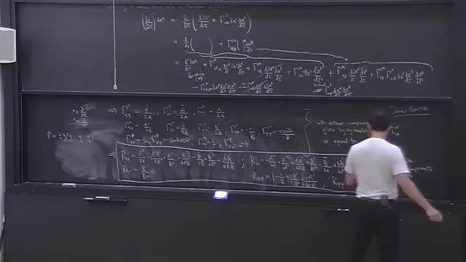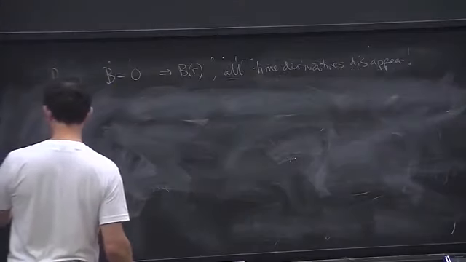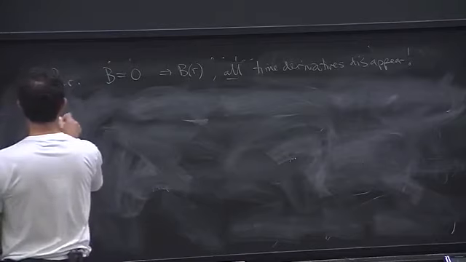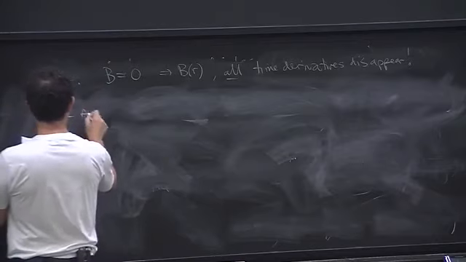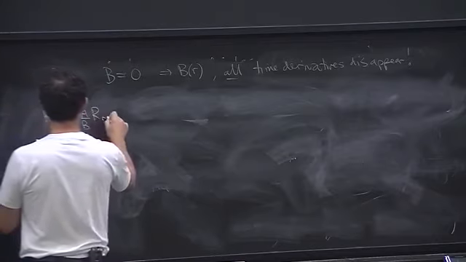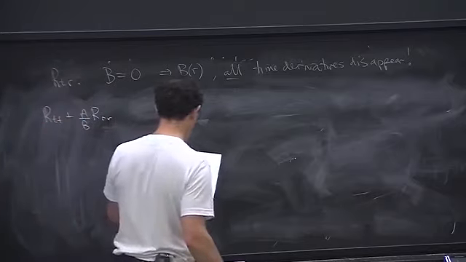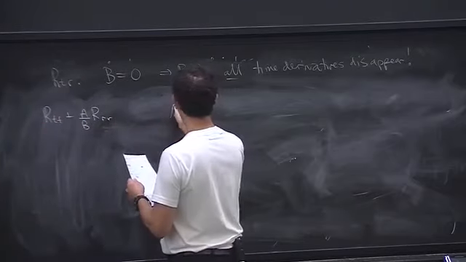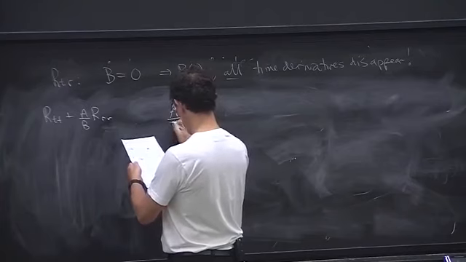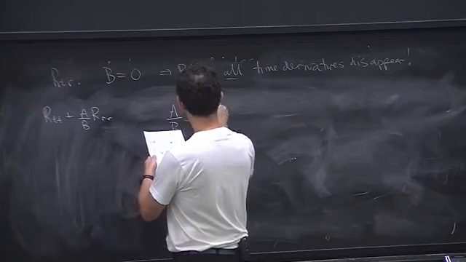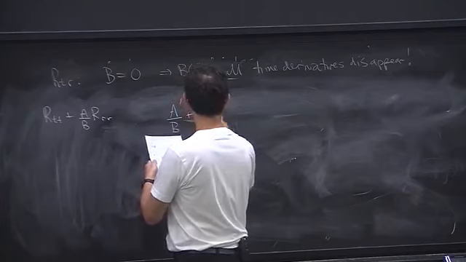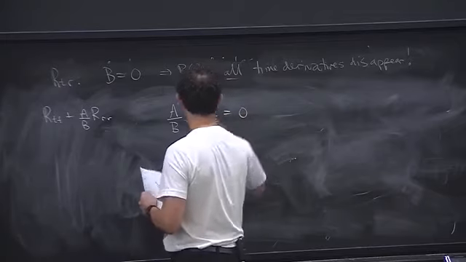So I take a linear combination. I take R tt plus a over b R rr. And what you find is that this is nothing but a prime over b plus b prime a over b squared equals 0.